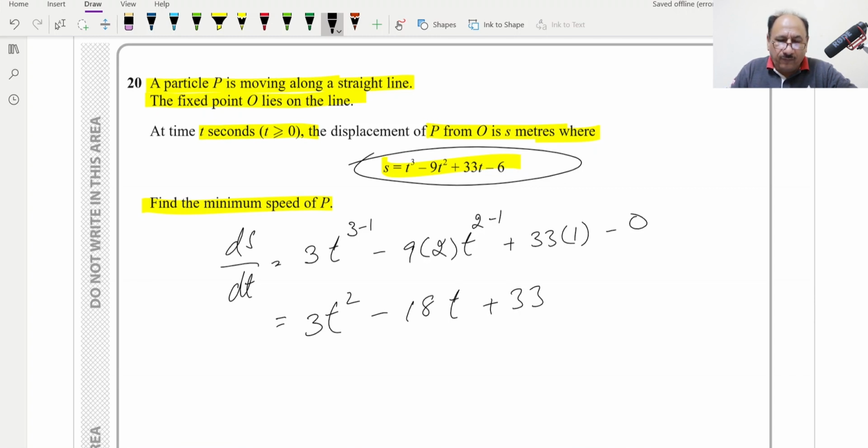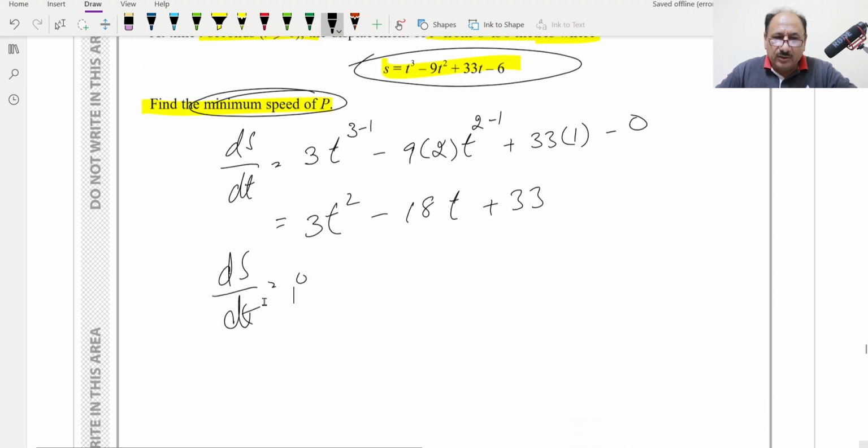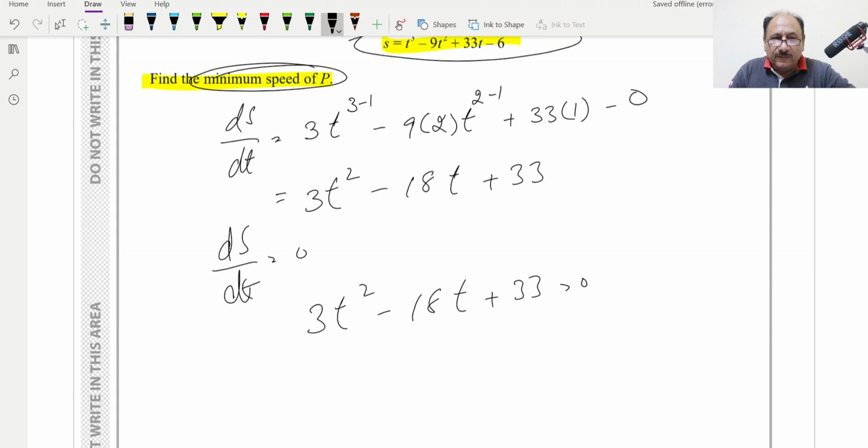For the minimum speed we put this equal to 0. First we write ds over dt is equal to 0, and we can write this as 3t squared minus 18t plus 33 equal to 0.